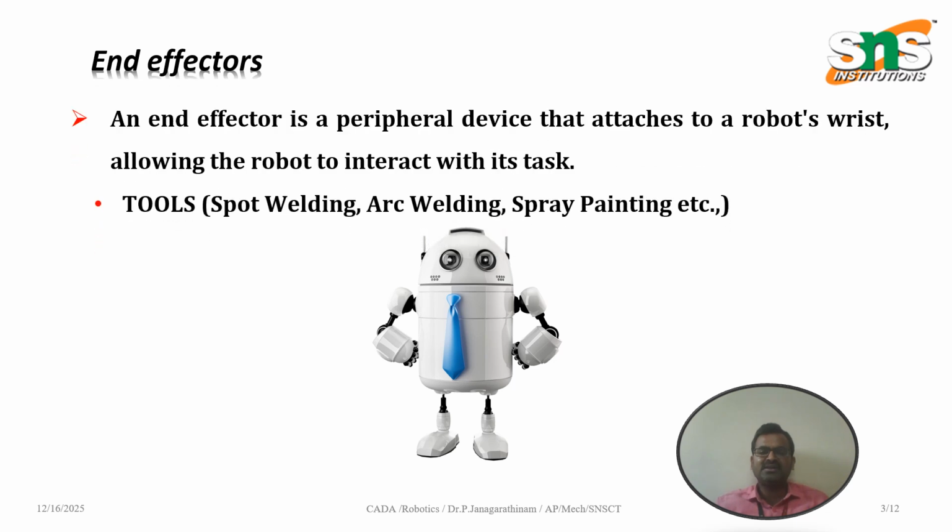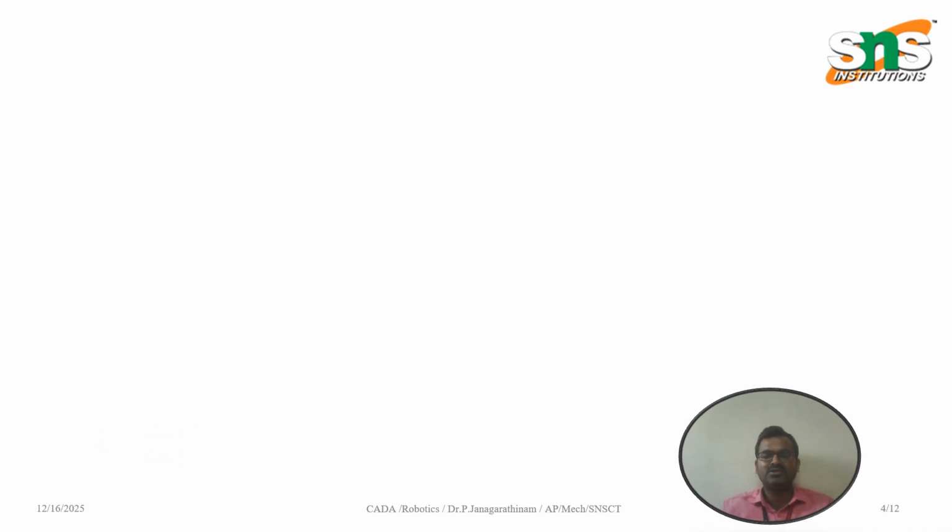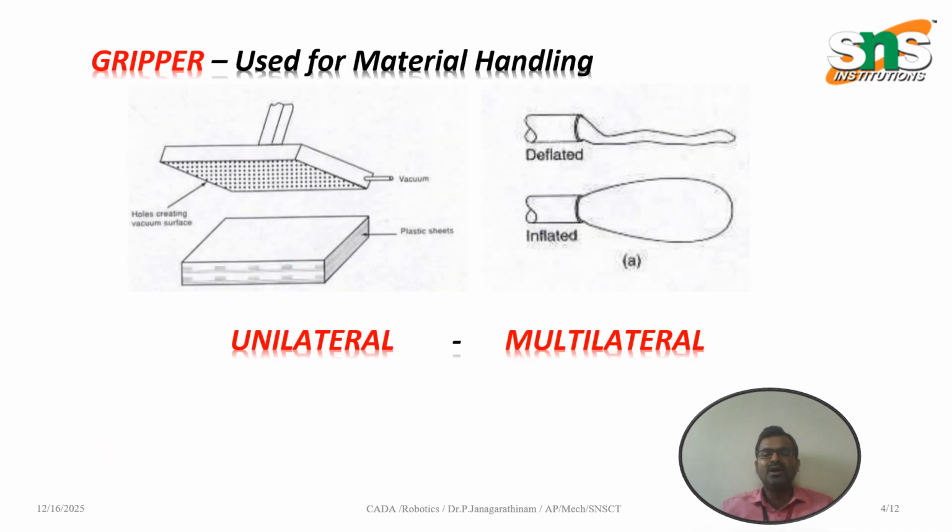The end effector is a peripheral device attached to the robot wrist, allowing the robot to interact with its task, like spot welding, arc welding, spray painting, etc. End effectors include grippers, and mechanical, magnetic, and vacuum grippers. These are the different types of end effectors which can be used in material handling equipment.